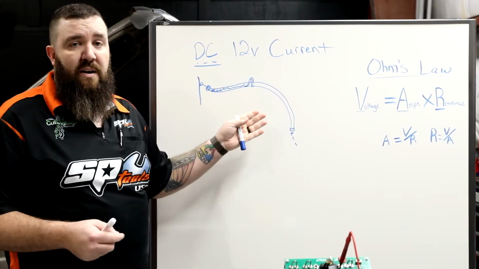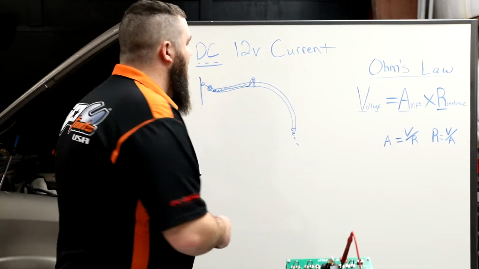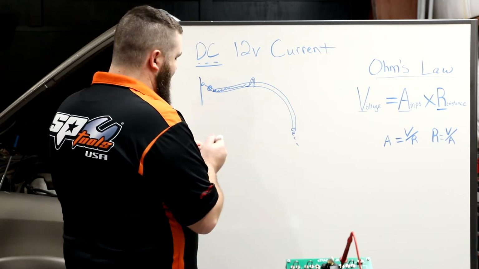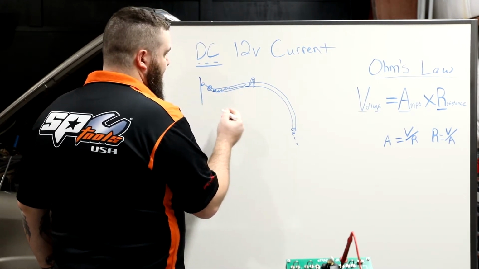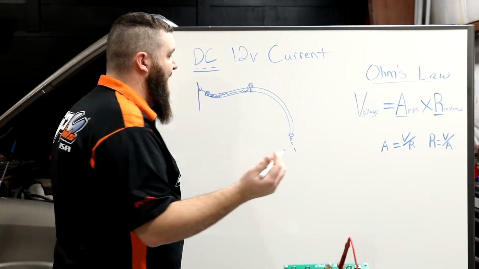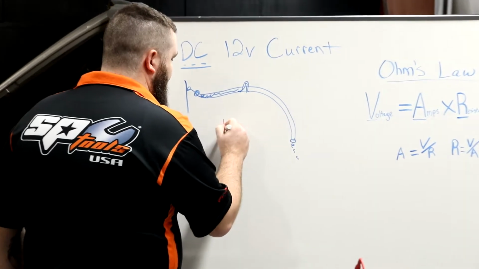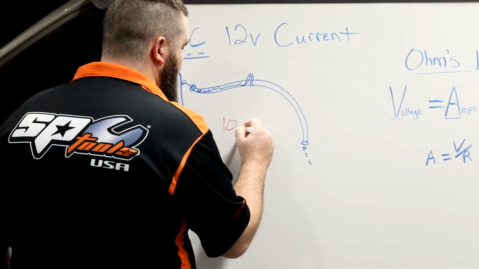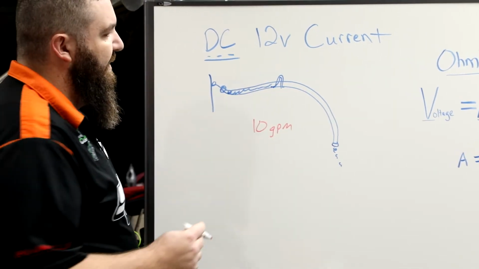Now if we relate that to our garden hose, we've got our voltage, which would be the pressure of water coming out of here, and say we're trying to figure that one out. We know how much water is flowing through that. We'll say that one is 10 gallons per minute, flowing through this hose.